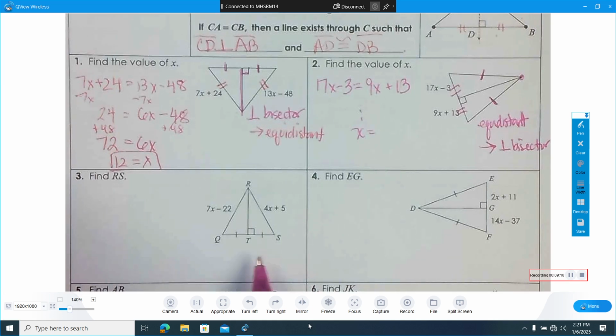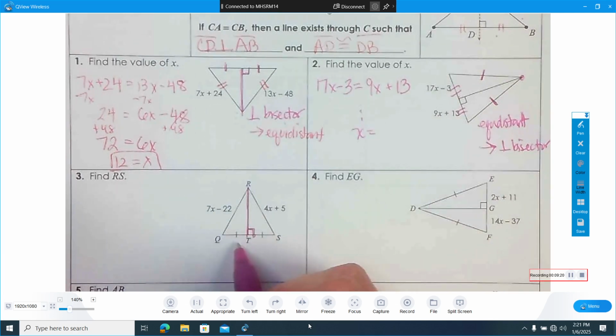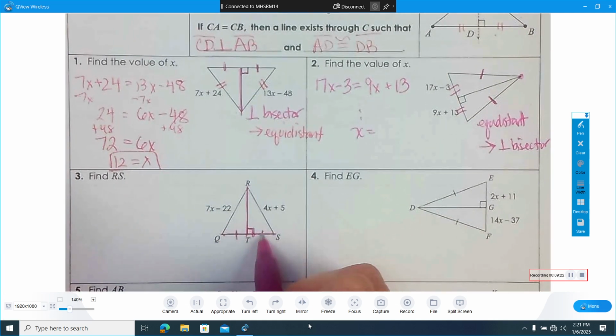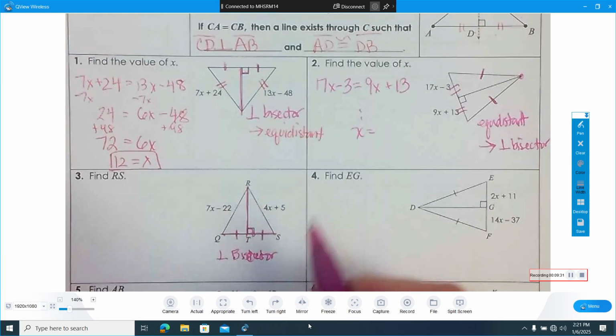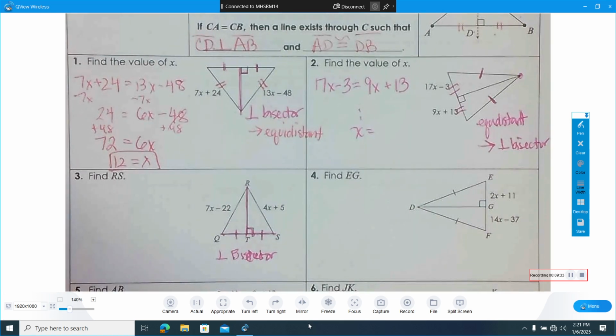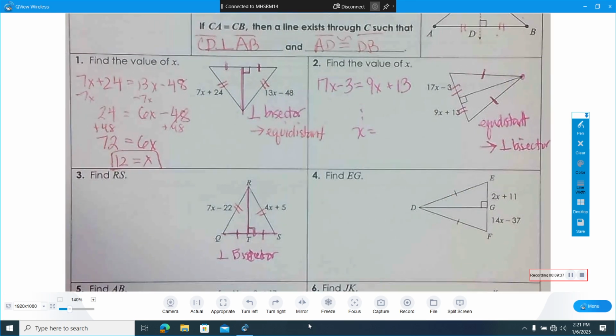Again, in this picture, I can see that I have a perpendicular bisecting a segment. So they're giving me that perpendicular bisector. If I have a perpendicular bisector, then I know that I'm equidistant from the endpoints.